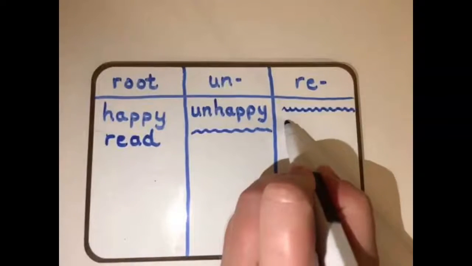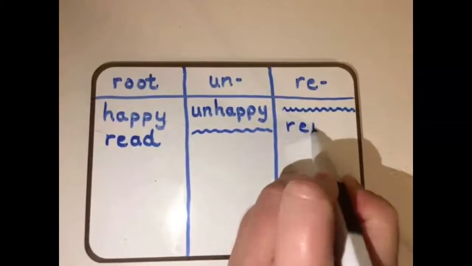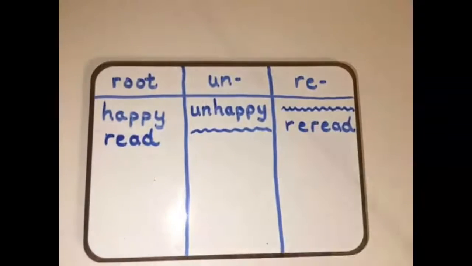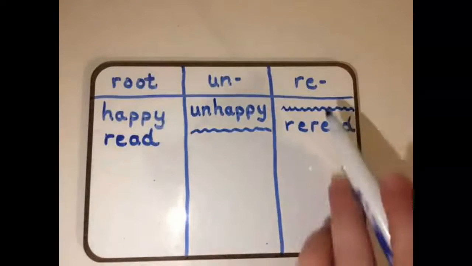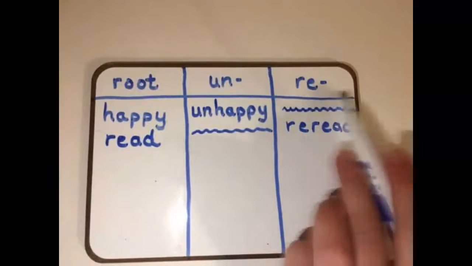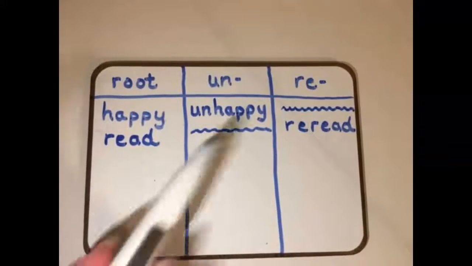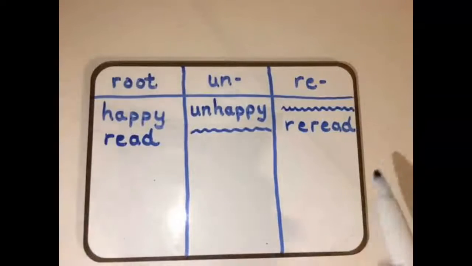Absolutely. Reread is a word that we would use. So we can write that down using the prefix re and the root word read. A suffix goes after the root word. A prefix goes before the root word.